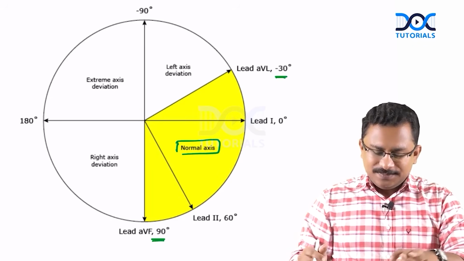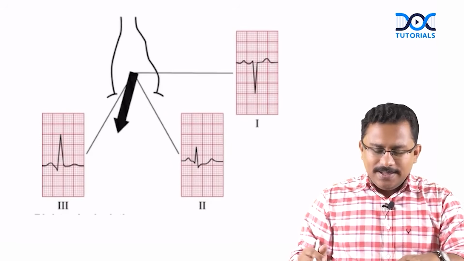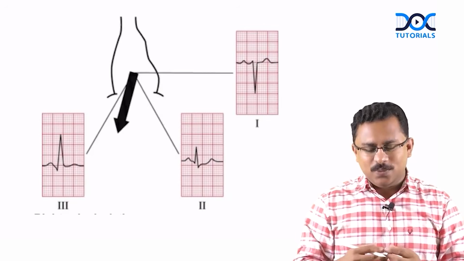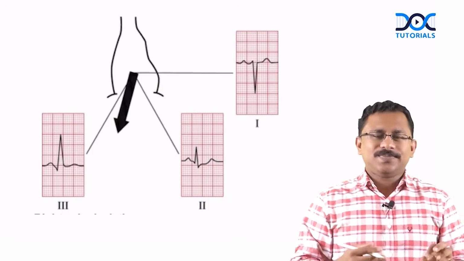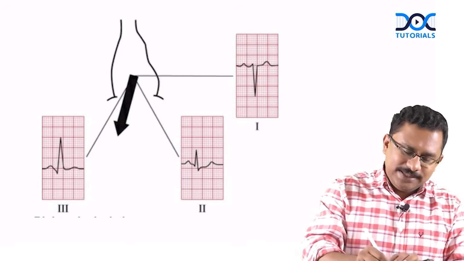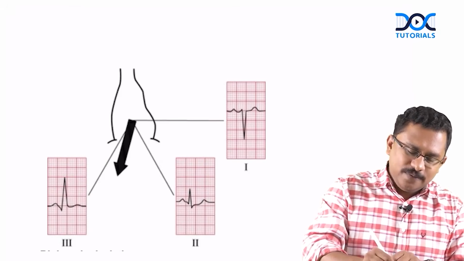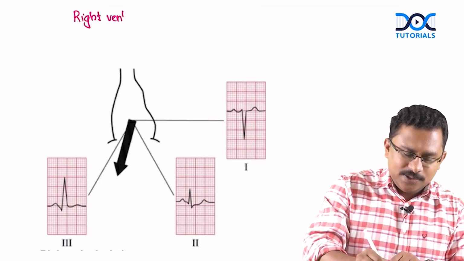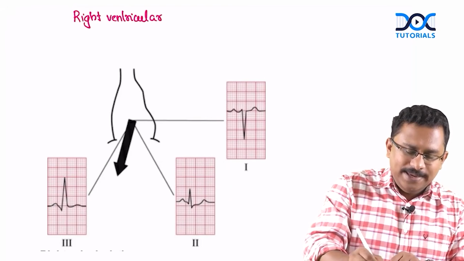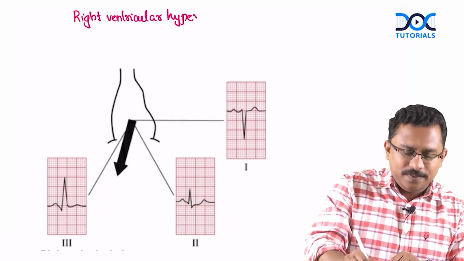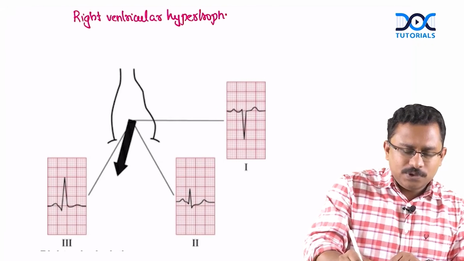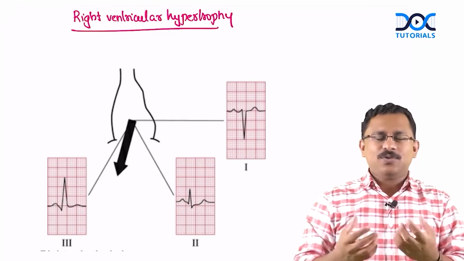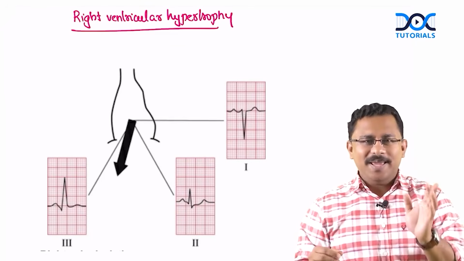Now let me give you another clinical scenario: suppose you have a patient with right ventricular hypertrophy. In the normal axis, it is downwards and to the left, because the left ventricle is exerting a stronger impact.